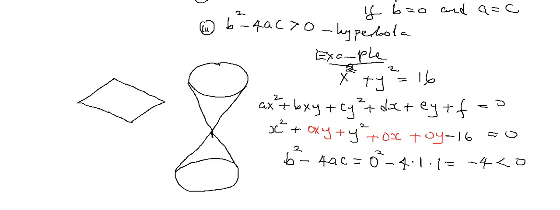So this is a circle because we said that if the discriminant is less than 0, a negative, then it is either an ellipse or a circle if b is equal to 0 and a is equal to c. And in our case, a is 1 and c is 1, and of course b is 0. So this is an equation of a circle.